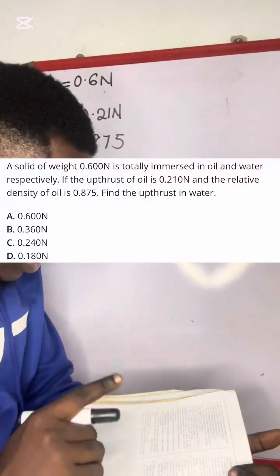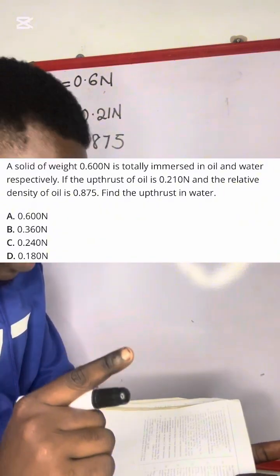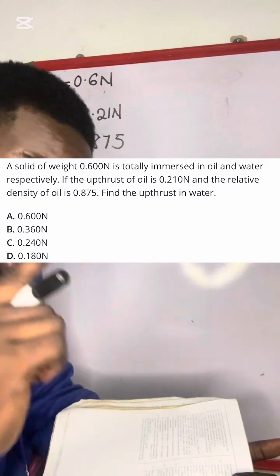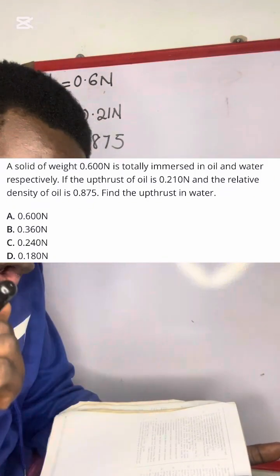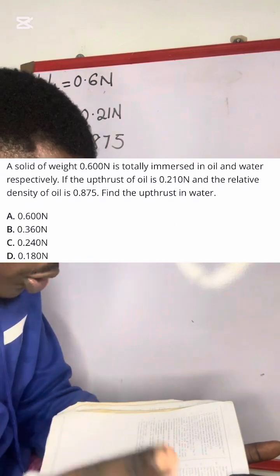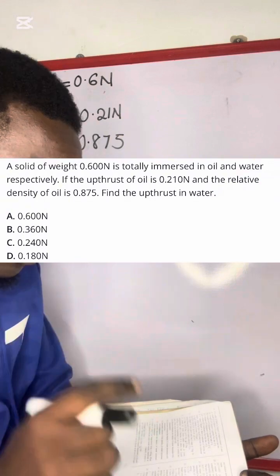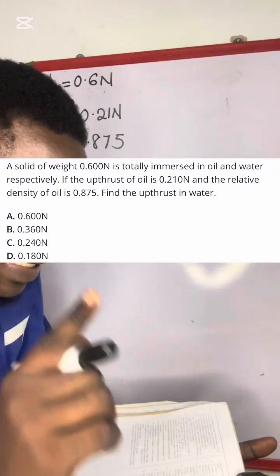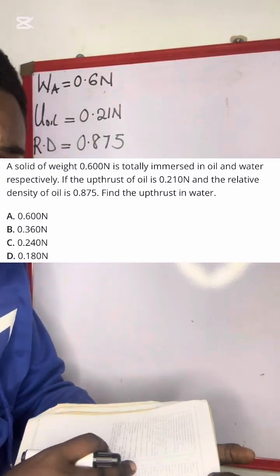Okay, we have a question displayed on the screen. It says, a solid of weight 0.6 Newton is totally immersed in oil and water respectively. If the upthrust in oil is 0.21 Newton and the relative density of oil is 0.875, find the upthrust in water.